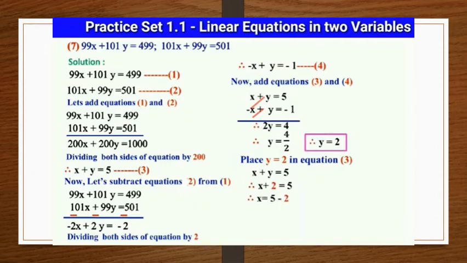Plus 2 will shift onto the right hand side and will become minus 2. So 5 minus 2 will be 3. Therefore x is equal to 3. Therefore the solution is x comma y is equal to 3 comma 2.